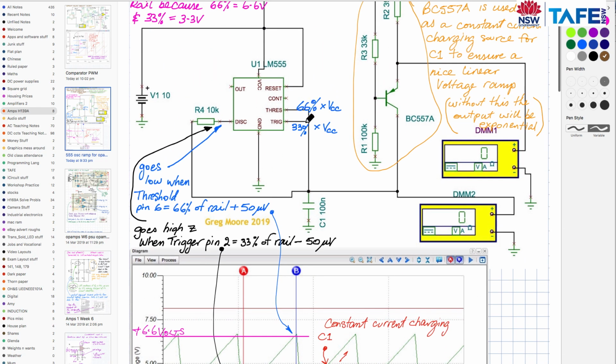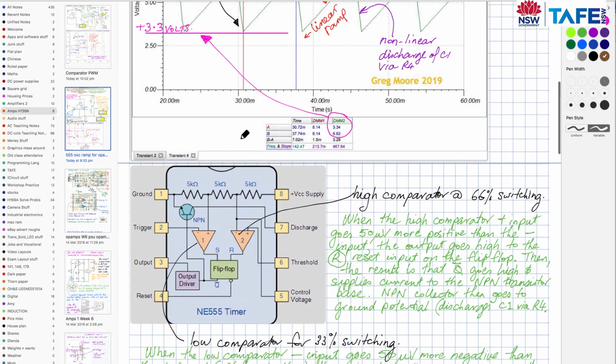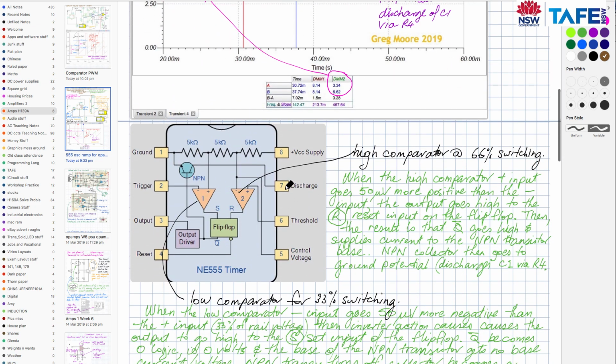Each of these pins that are tied together now are coupled to the capacitor, and the capacitor is coupled back via a 10K resistor into this pin called discharge. What does this pin called discharge do? This pin called discharge is here, pin 7, and it's an NPN transistor.